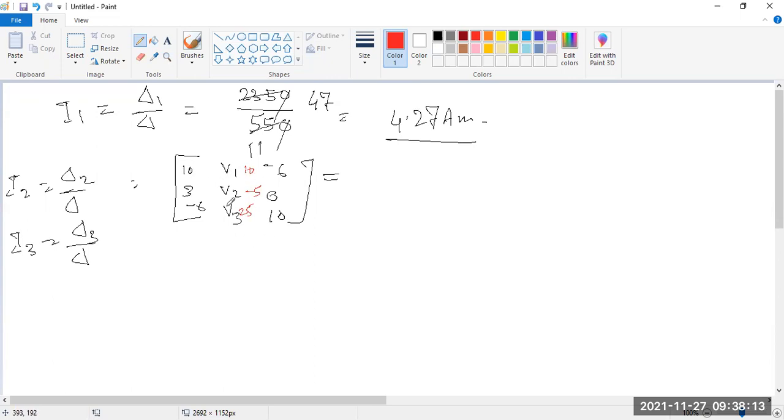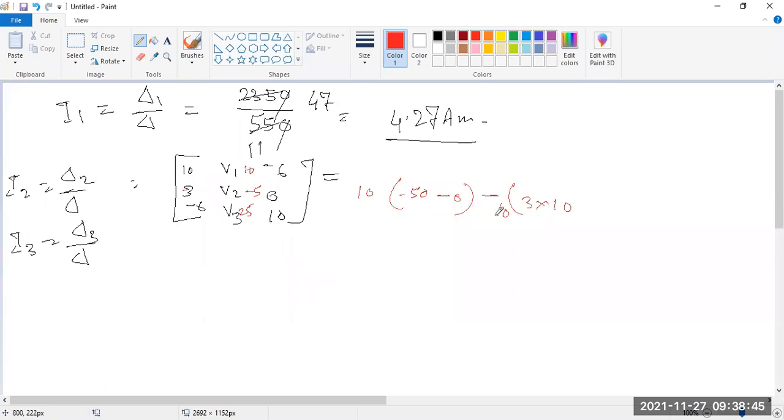So just do it. 10 multiplied by this area, so this is 10 multiplied by this minus 5 into 10, minus of this area 20 into 25 into 0. So 0. Then we have to put 10 here and multiply by this 3 and 10, and it was minus 3.